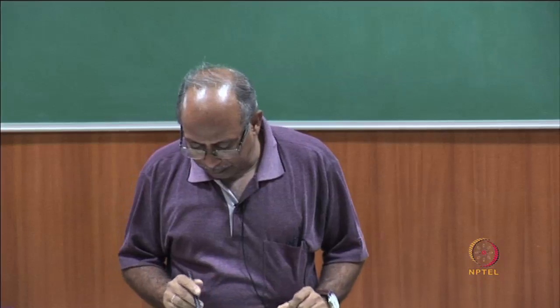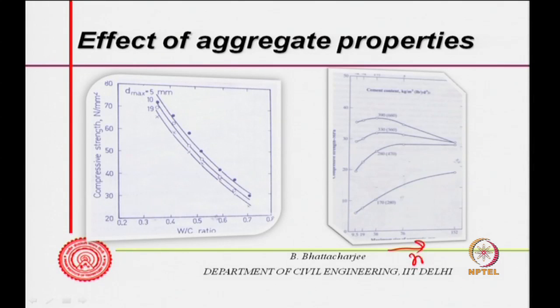What has been observed is that if you go on increasing MSA along this direction, for low cement content, strength increases as you increase the MSA, and then it does not increase further. Here the strength increases and becomes constant, and at high cement content strength increases and starts decreasing. As you go on increasing the MSA, your aggregate itself is also strong, so overall there is an increase.